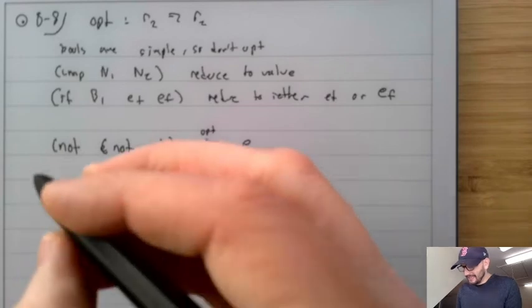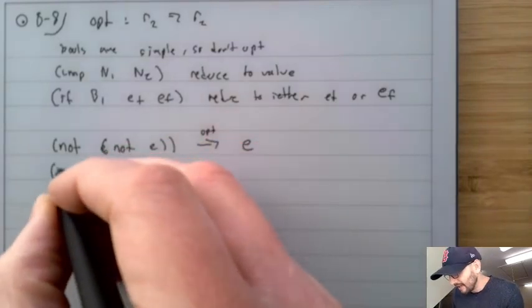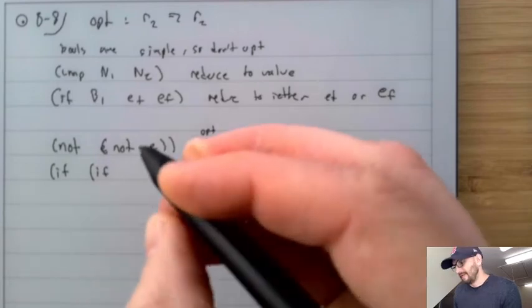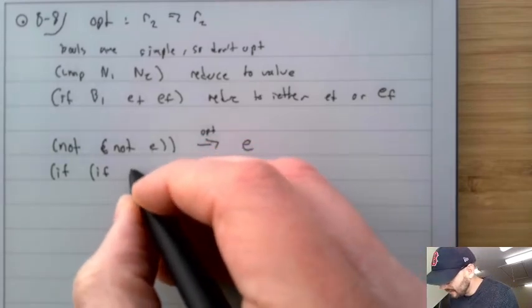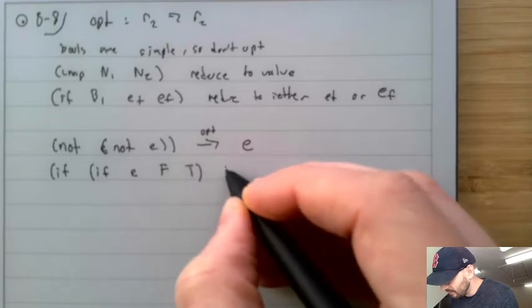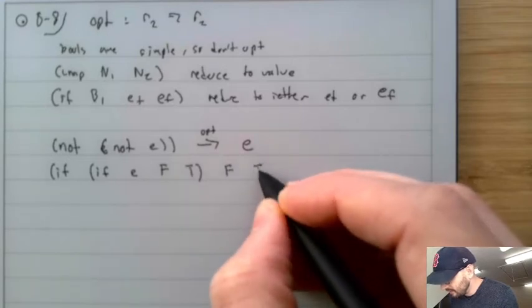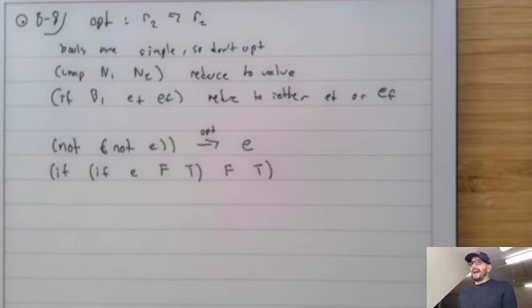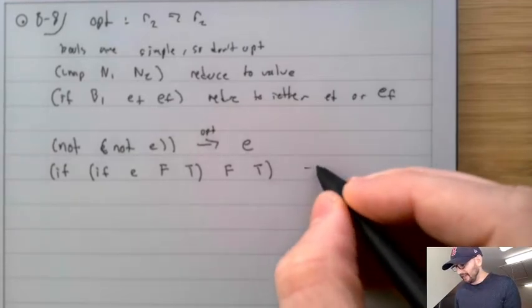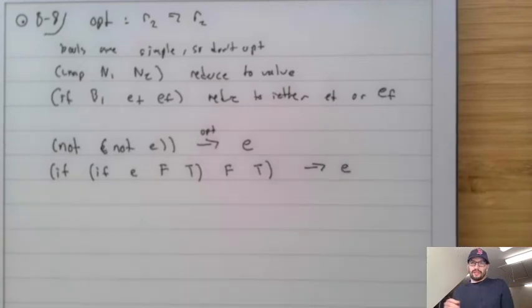So this is really another way of writing if some expression E, false, true. Now how could we turn that thing into just E? Of course, it's true that we could turn it into E, but how could we figure out that we can turn it into E? That's the more complicated thing.